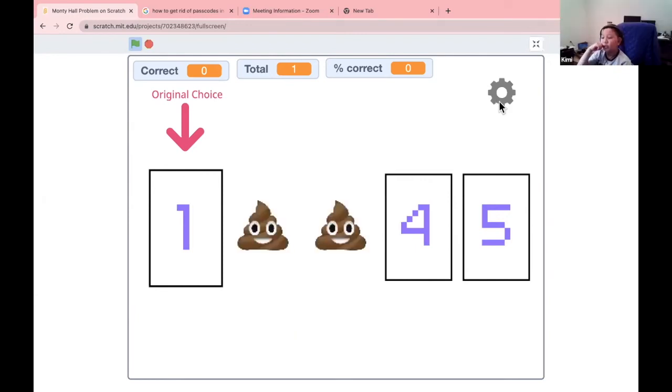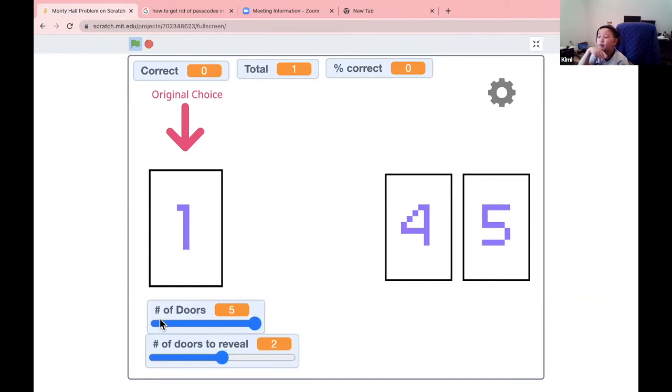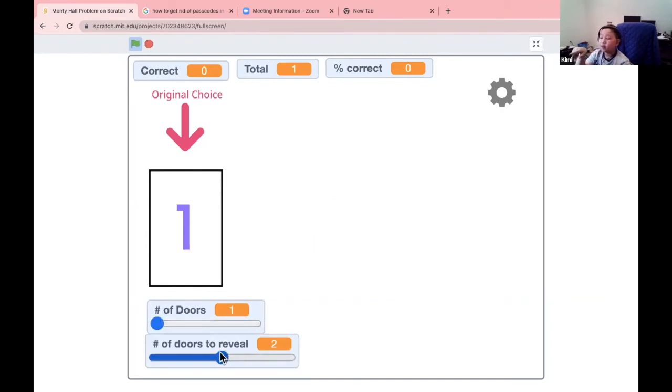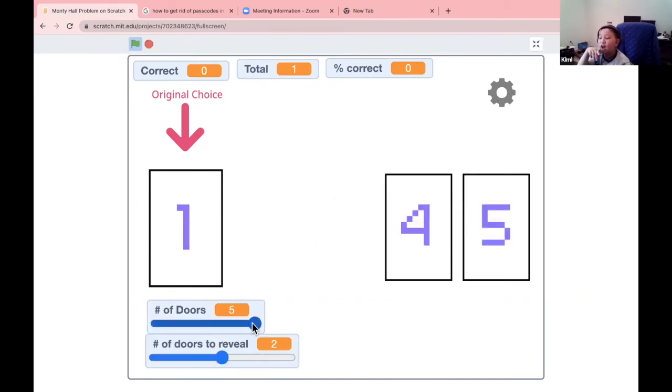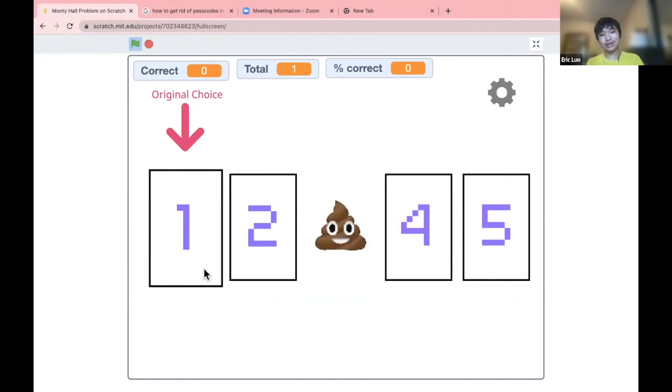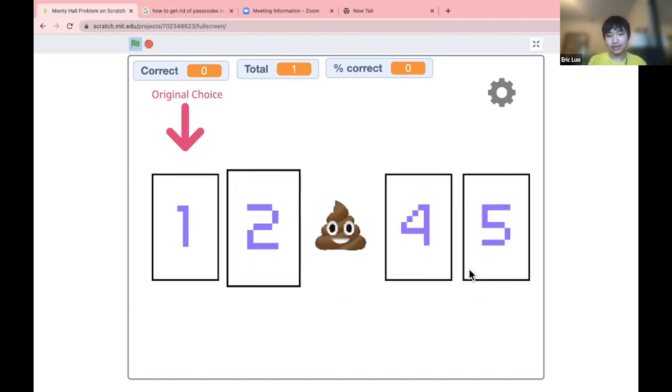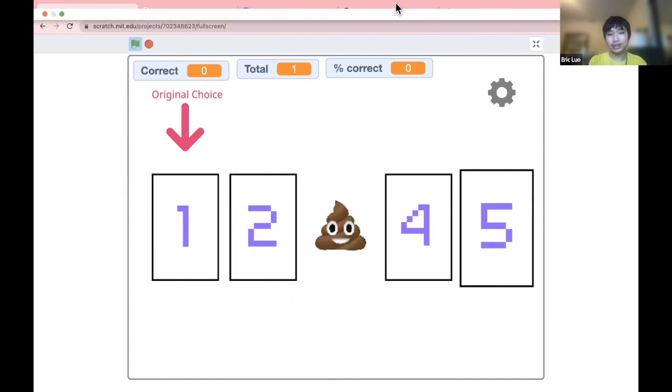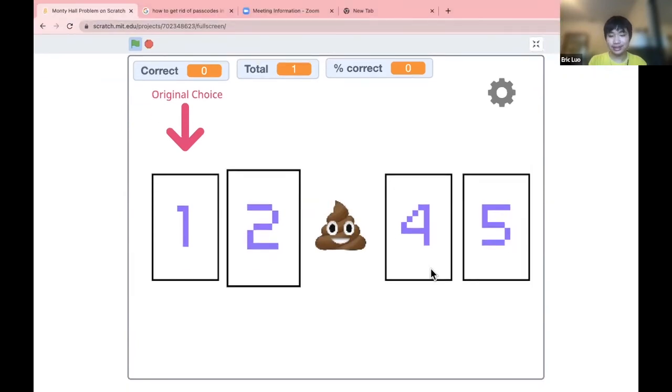Could we do one door? Does it work with one door? Like, we have 5 doors, but we only reveal one. Yeah, if we only reveal a single door, then this 4/5 probability gets concentrated into these 3 doors. So we would get 4/5 divided by 3, which is 4/15.